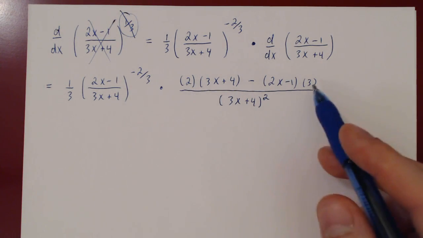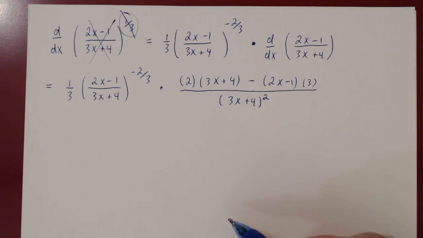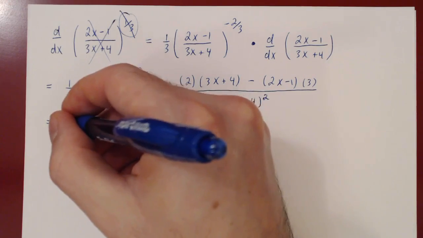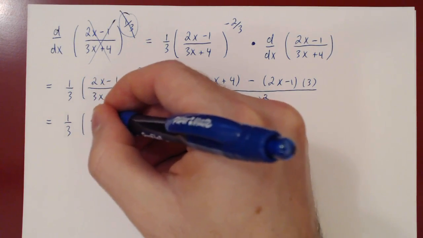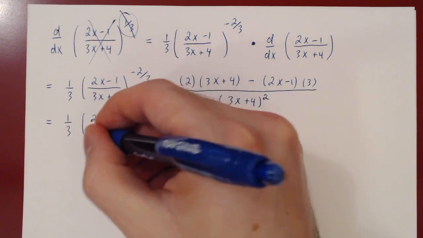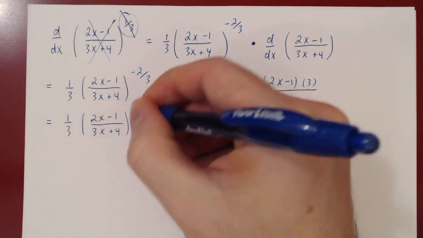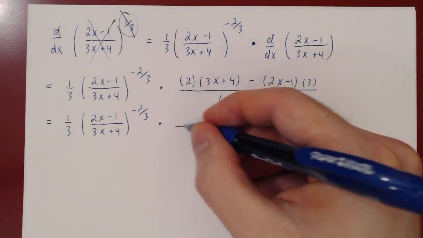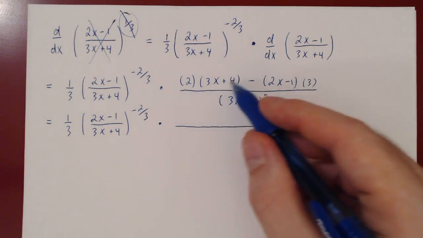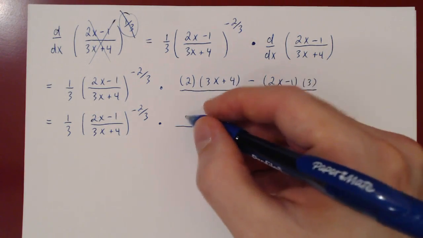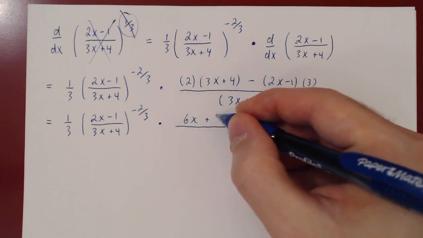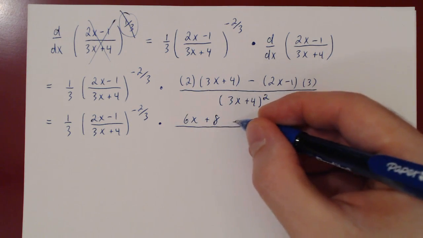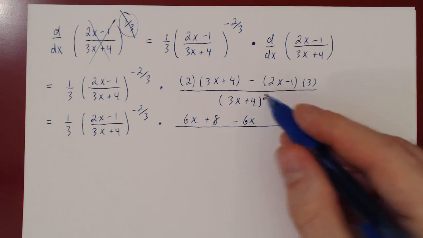We can multiply our numerator and regroup the multiples of x and the constant terms. So we have 1/3 times (2x minus 1 over 3x plus 4) to the negative 2/3 times, well, 2 times this will give us 6x plus 8, minus 2x times 3, minus 6x.